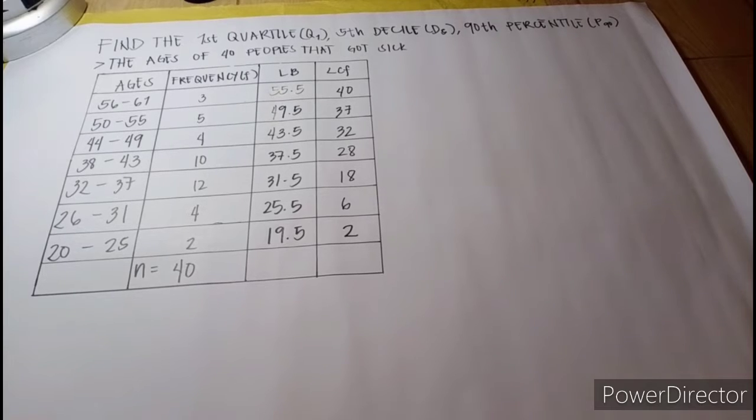So our table is complete, and this is what we need to find the quartile, decile, and percentile for group data.